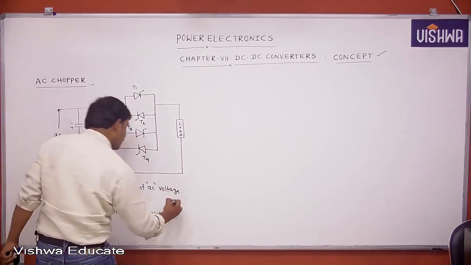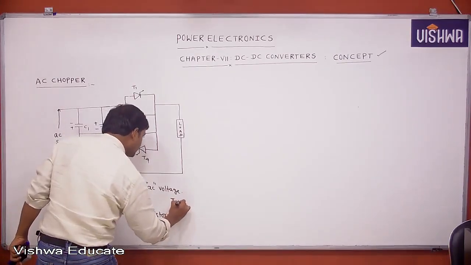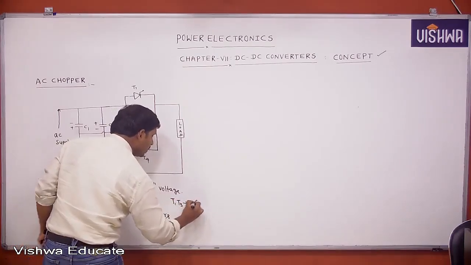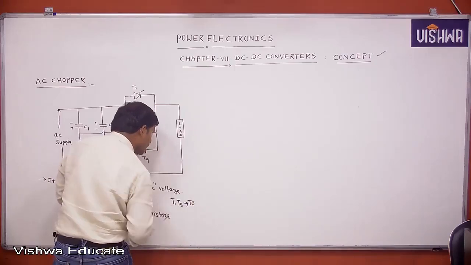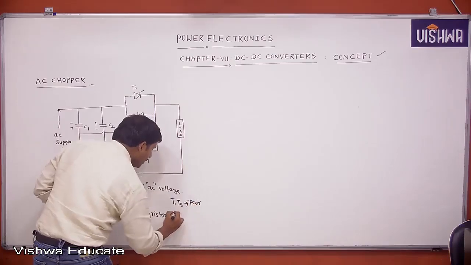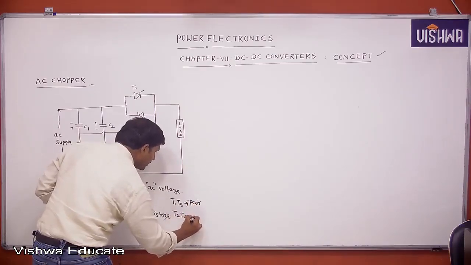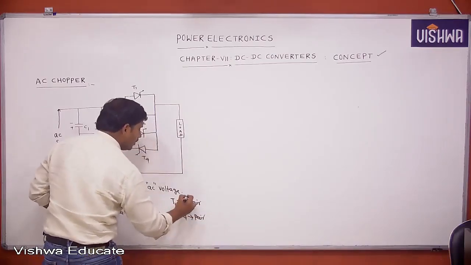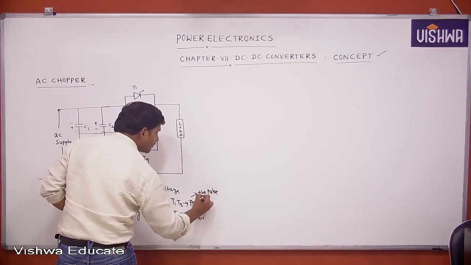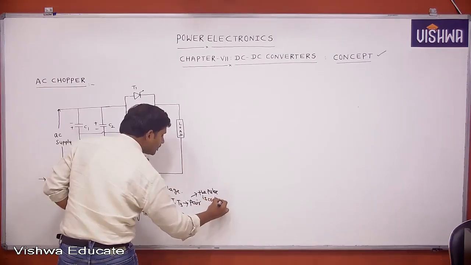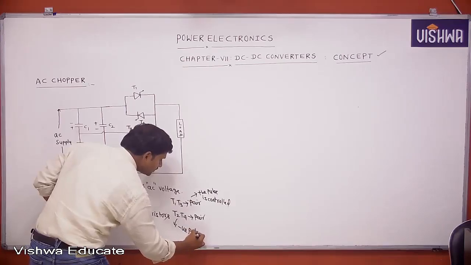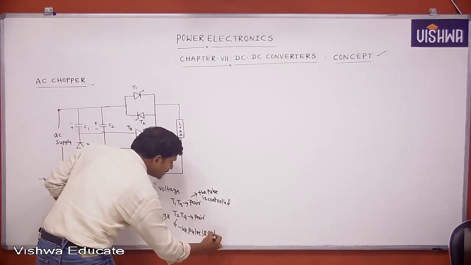T1, T3 is one pair used to control the positive output, and T2, T4 is another pair. The positive pulse is controlled by one pair, and by the other the negative pulse is controlled.